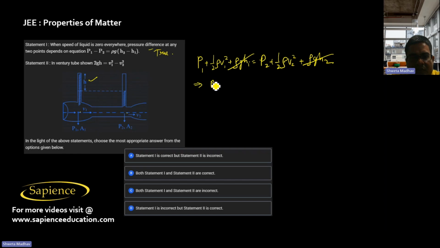So P1 minus P2 is equal to half rho into (V2 square minus V1 square). P1 minus P2 is rho g H here.